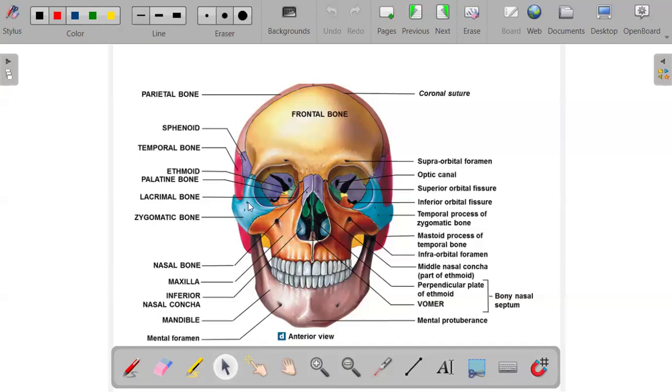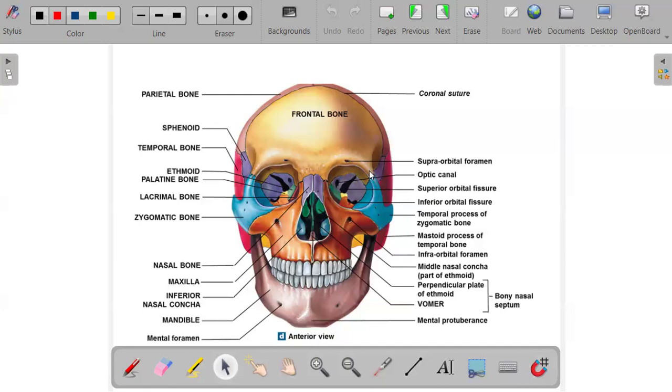So these are the zygomatic bones. And then we have the little details in the orbital region, which is the lacrimal bone. We have the ethmoid, palatine bone. Okay, so we have all those. Then we also have the sphenoid. So we can see there is a sphenoid bone right here.